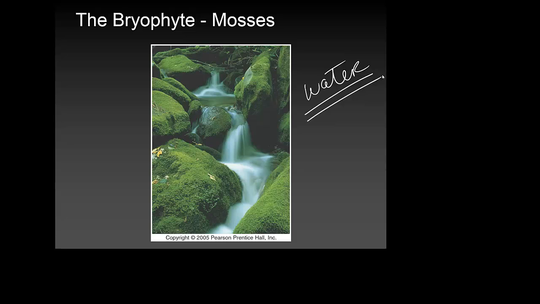They are short to the ground because they have no vascular tissue, meaning they can't move water up the plant. That's not going to be possible. The other thing we look at is they actually have swimming sperm. So when we look at that distinguishing characteristic, they're going to have to be around water in order to reproduce.